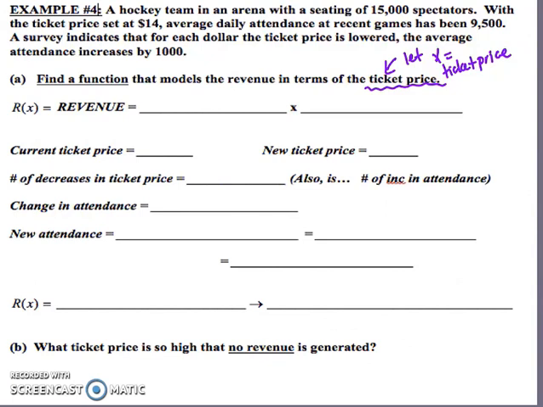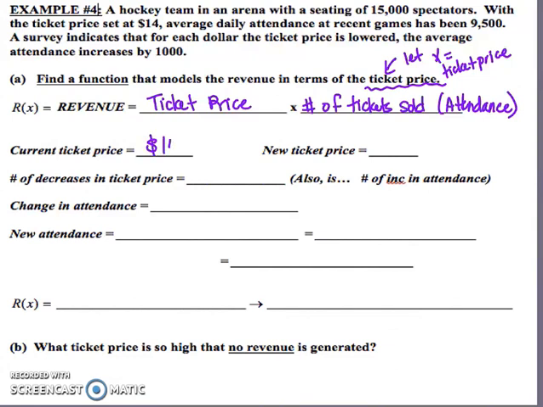And our revenue, obviously, is going to come from whatever our ticket price is, times the number of tickets sold. Or in this problem, we could call it the attendance at the games. The current ticket price, they told us, is $14.